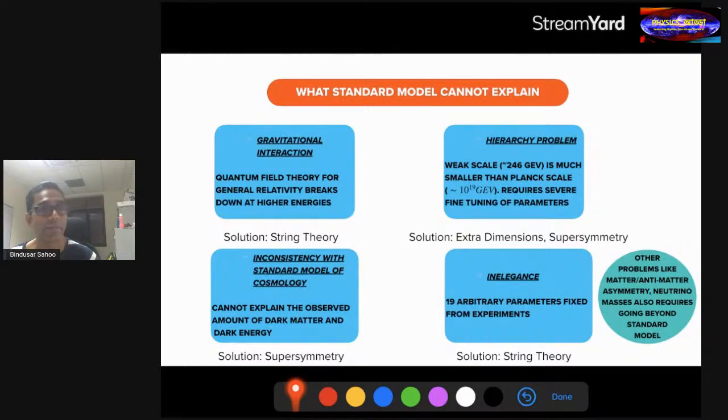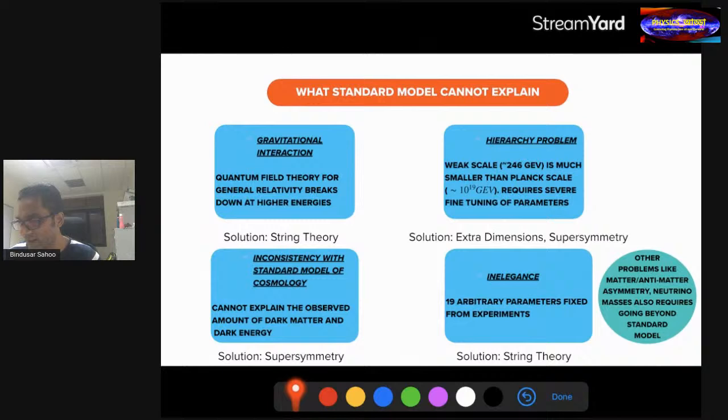And if you want to understand gravity at the quantum level by applying the quantum field theory framework, that has its problems, and it breaks down at higher energy. So this is one of the shortcomings of the standard model, that you cannot incorporate gravity because the standard model relies on the framework of quantum field theory. There can be many solutions to that. One of the solutions I have written down here is string theory.